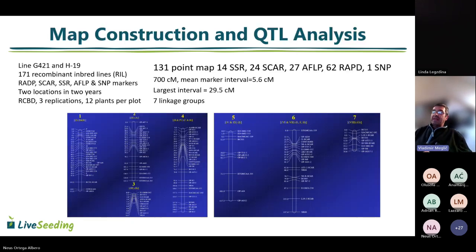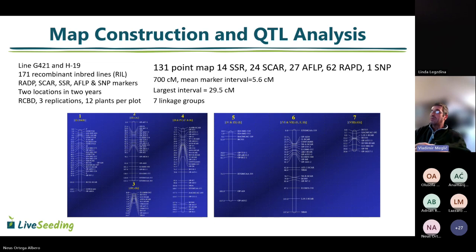So from that cross, there was a yield of 171 recombinant inbred lines. Those lines were planted in two locations in 2 years, and we were looking at the most important QTLs.